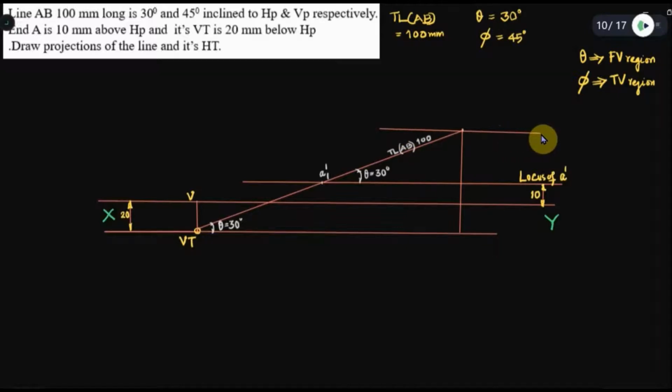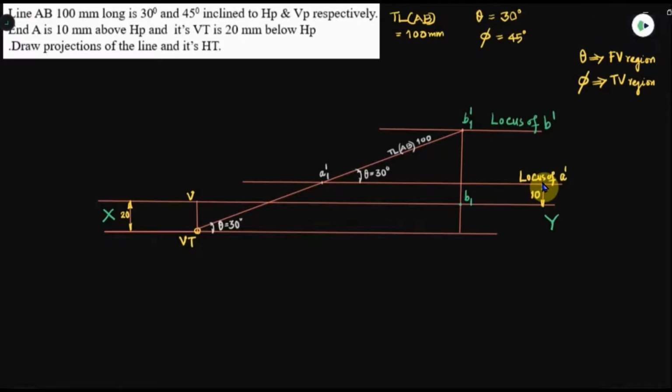This locus line definitely is for B dash. So at the end of the right triangle, we are going to mark that point as B1 dash. It is not B dash, but you will get the locus of B dash from this. I am going to name this B1.